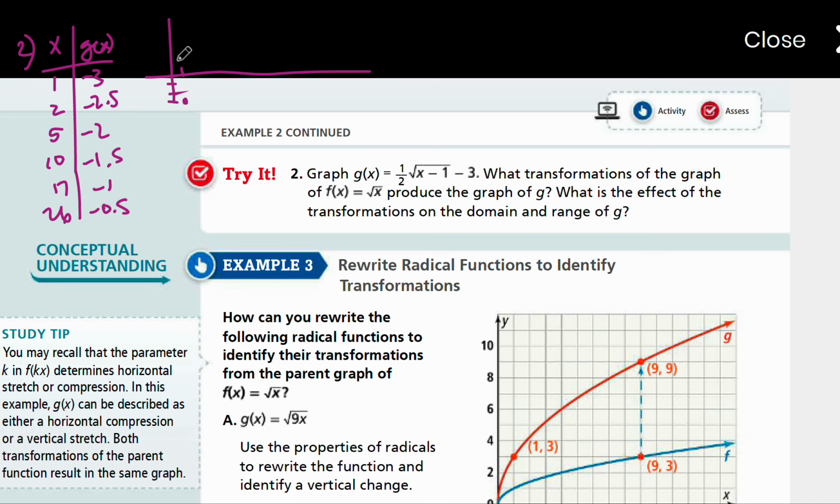And then you have a vertical compression. So it's going to be going up really slowly. So you have 1 comma negative 3, and then 2 comma negative 2.5, and 5 comma negative 2, and 10 comma negative 1.5 and so on.